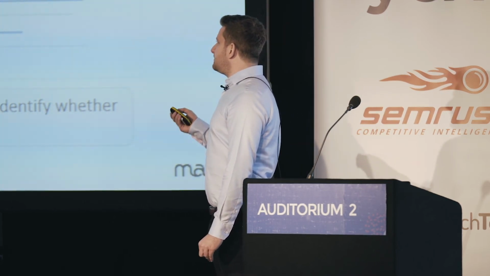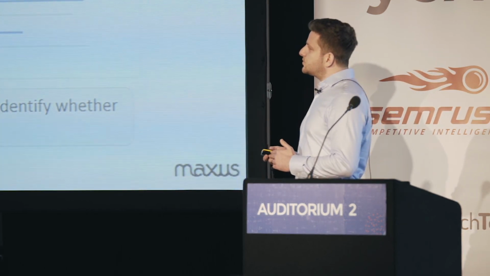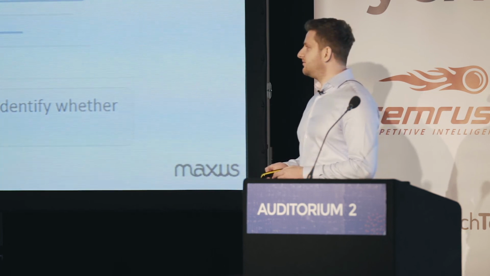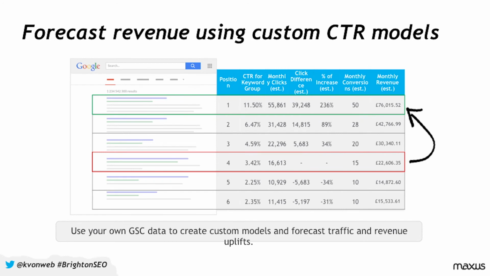Now, what we did is we managed to create some content, optimize the page, and regain our first position. But in order to do this, we used the click-through rate model to forecast the traffic that we would get in position 1. And this is what I suggest you do.